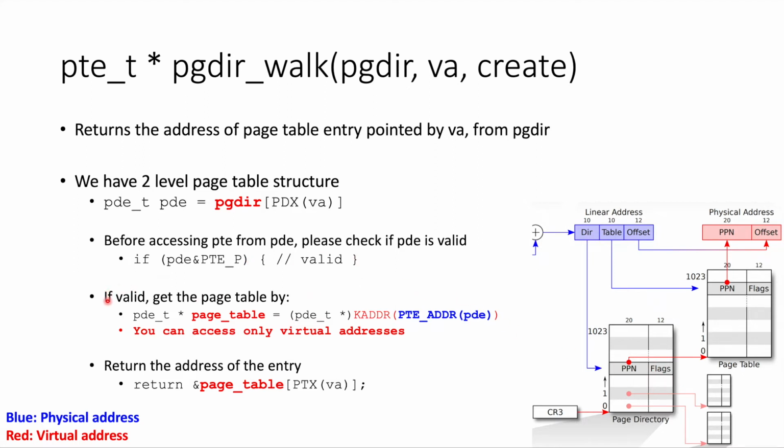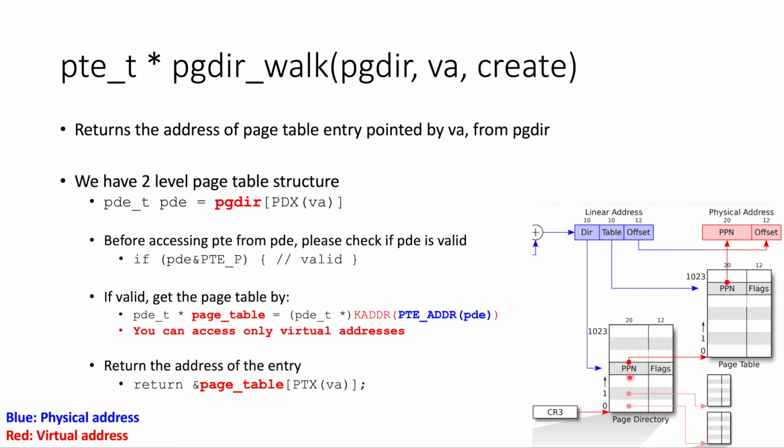If the page directory entry is valid, then we need to get the page table. But the problem here is that this PPN is a physical address. If you apply PTE_ADDR to the fetched PDE, it will get the PPN as a physical address.